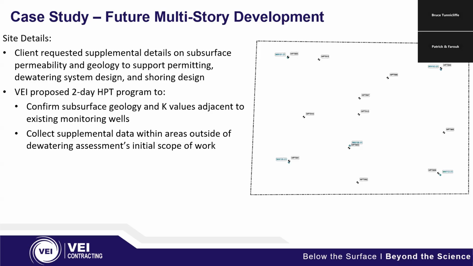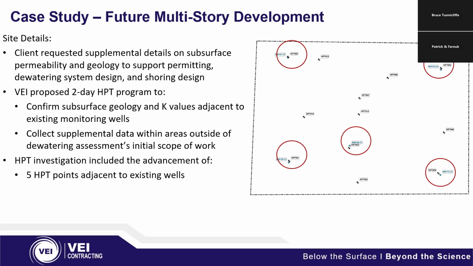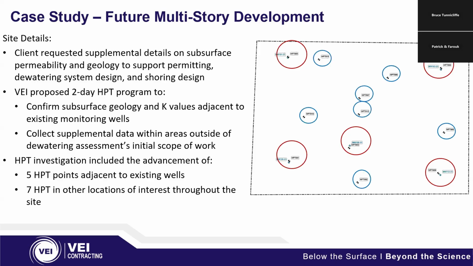And then we also wanted to collect some supplemental data within areas outside of the dewatering assessment's initial scope, so address some data gaps as well. To do that, the investigation included the advancement of 5 HPT wells directly adjacent to the existing 5 wells that were installed, as well as advancement of 7 HPT points in other locations of interest throughout the site.